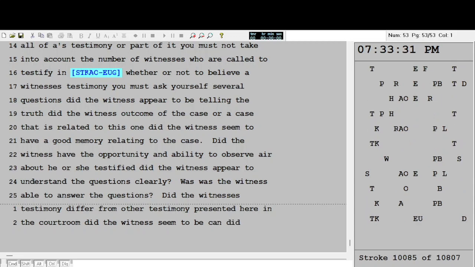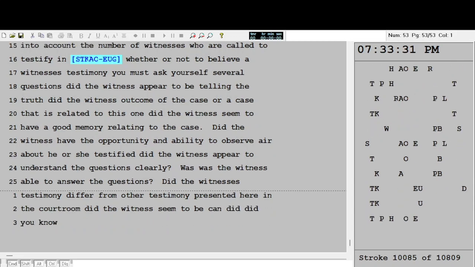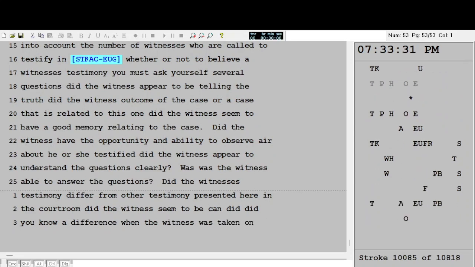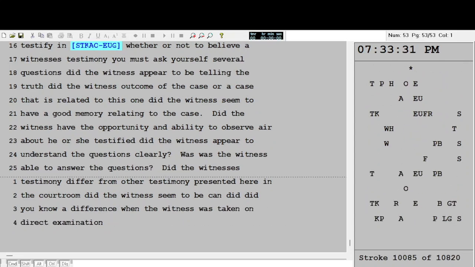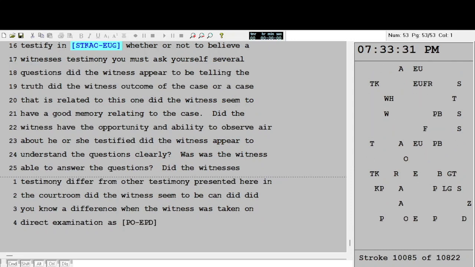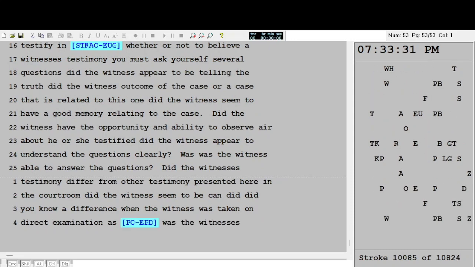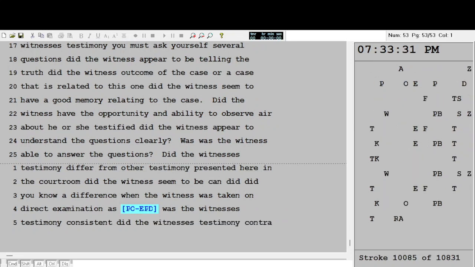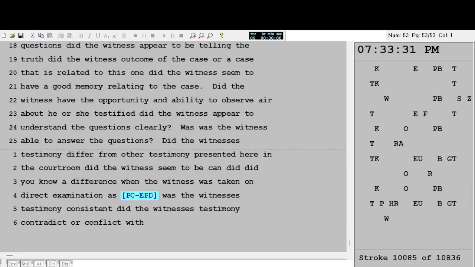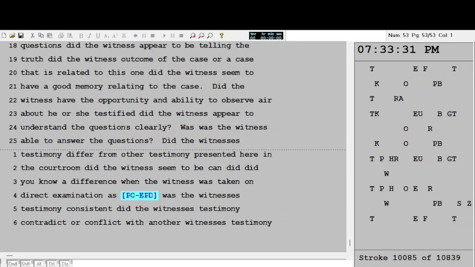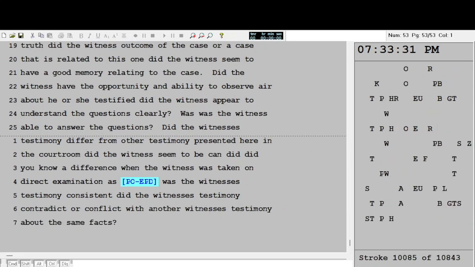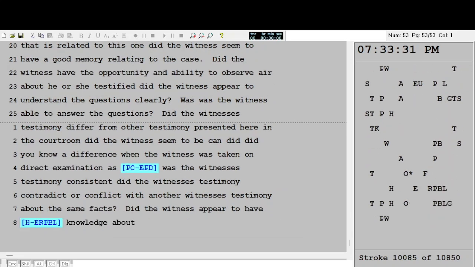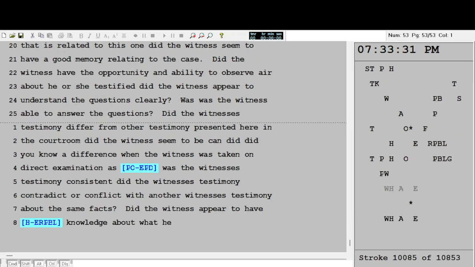Did you notice a difference in demeanor or storyline when the witness was taken on direct examination as opposed to cross-examination? Was the witness's testimony consistent? Did the witness's testimony contradict or conflict with another witness's testimony about the same facts? Did the witness appear to have personal knowledge about what he or she was talking about?